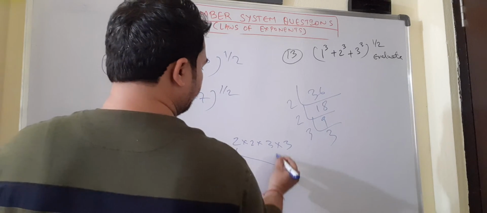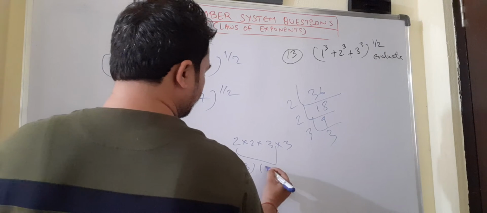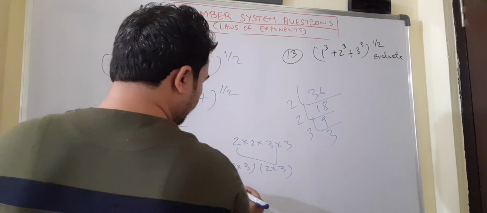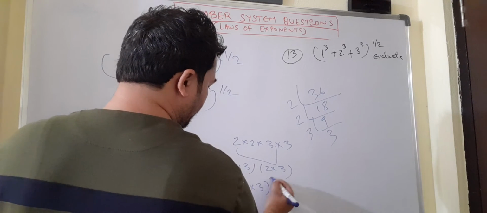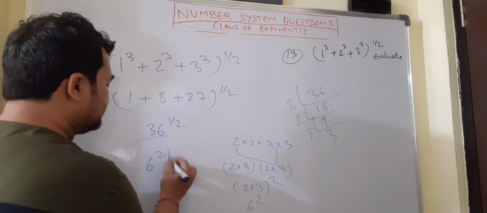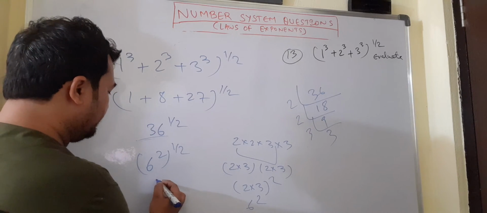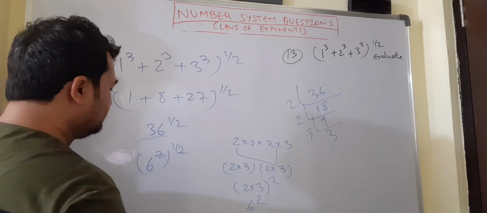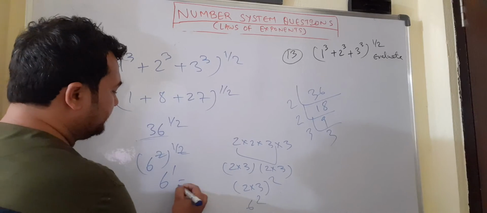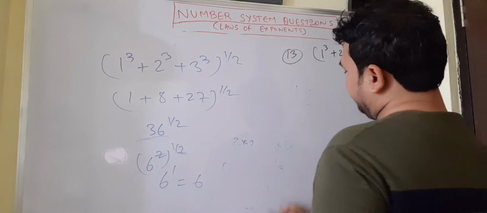If you make a pair of this 2 and 3 together, 2 into 3 and 2 into 3, what you get? 2 into 3 a square, that is 6 square. So when you write it as 6 square and this powers will multiply and 2 will cancel 2, you will have 6 to the power 1 only, and that is 6. And this way you can evaluate and the value will be 6.